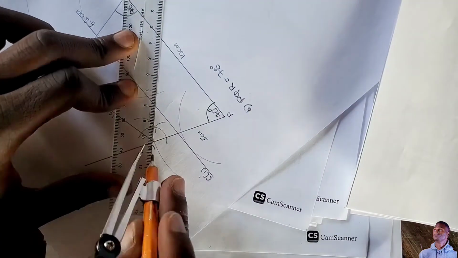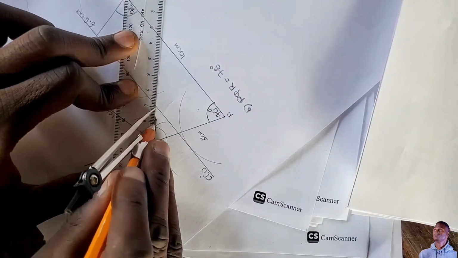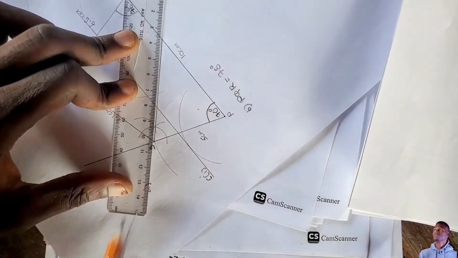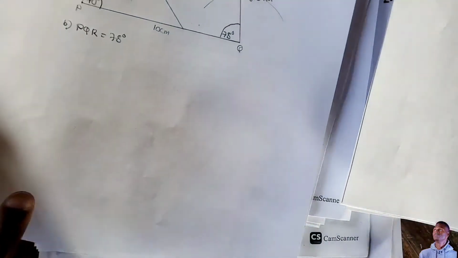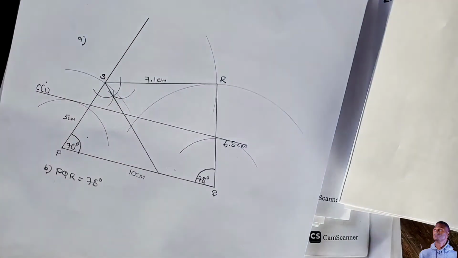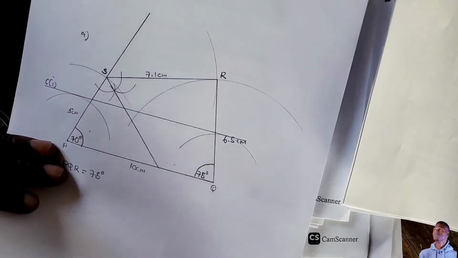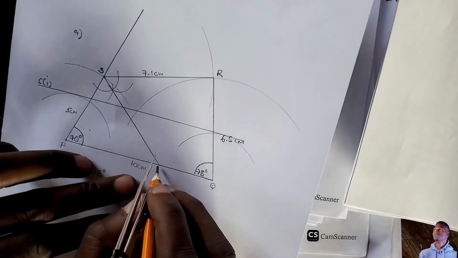All right. After that, we can now turn back our paper. So this is how it looks. Now we can just indicate that.